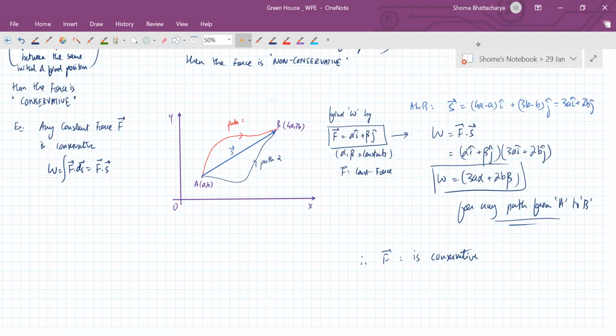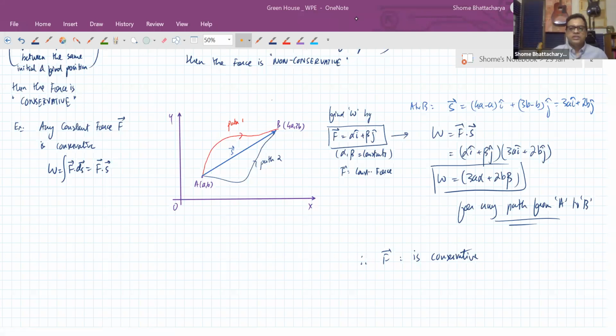Okay, yeah, understood. So this example is clear, I hope.